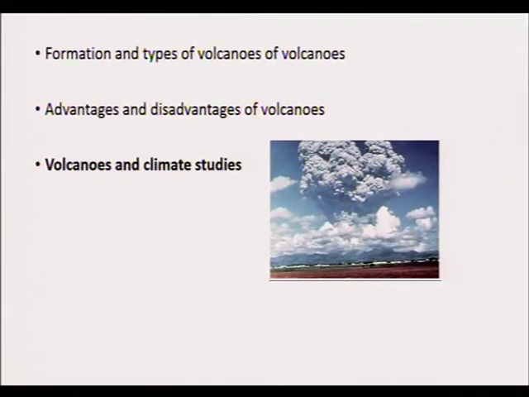A few weeks after that eruption, scientists, from an atmospheric science point of view, noticed a cooler temperature around the area of that volcano. That means that if the Earth's atmosphere, for example, was 15 degrees Celsius, the area affected by that volcano was a bit cooler than that average.